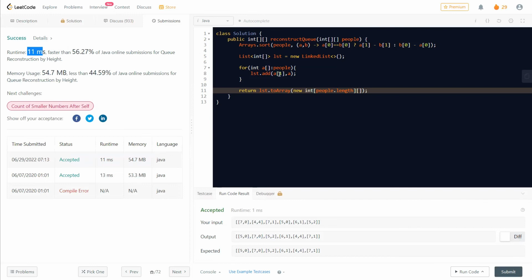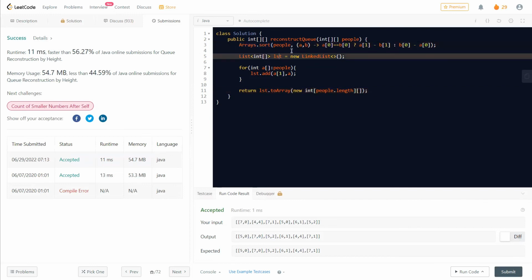And to be exact, if you look clearly, you find that this Arrays.sort, what we are doing, we are sorting these people based on this comparator we have over here. So if you just look carefully at this comparator, it just does what? We just check if the zeroth positions are equal. Okay, if they are equal, then we basically used a ternary operator over here: if true, then this. If false, then we should do this.